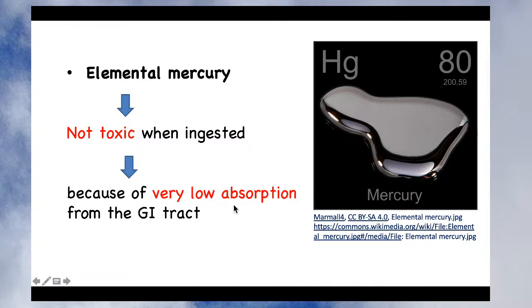Since it has very low absorption into the GI tract, most of the mercury will be excreted as such in your feces. Since it is excreted in the feces, it produces very little toxic effect. So it is almost non-toxic because of very low absorption from the GI tract.